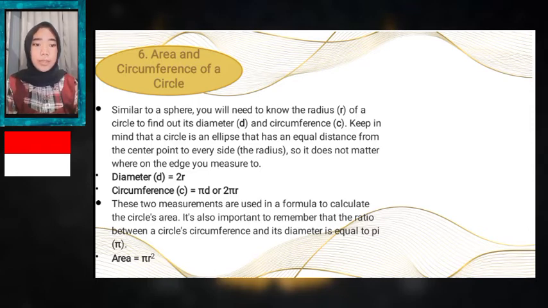These two measurements are used in a formula to calculate the circle's area. It's also important to remember that the ratio between a circle's circumference and its diameter is equal to pi.